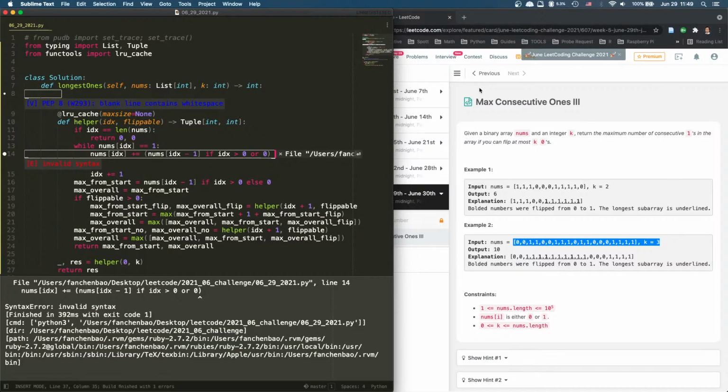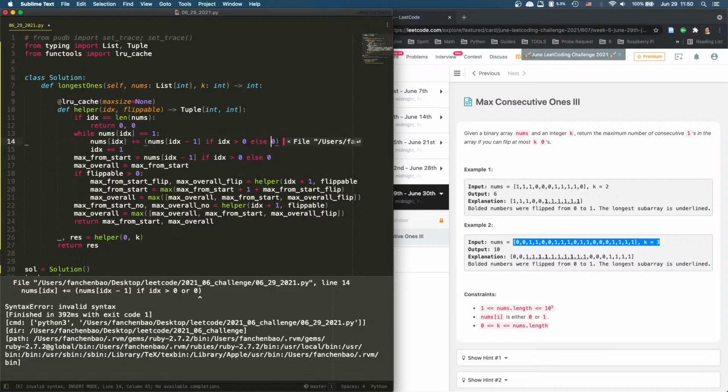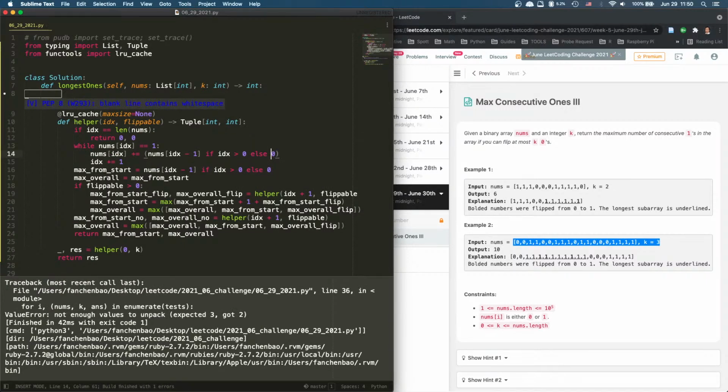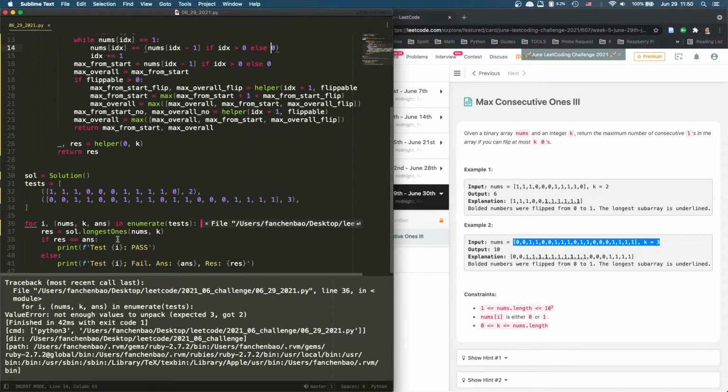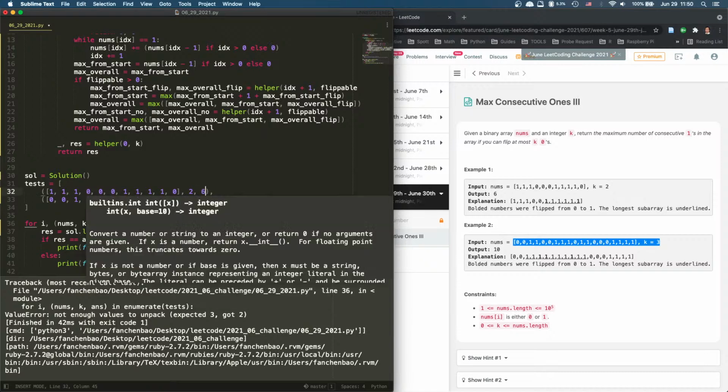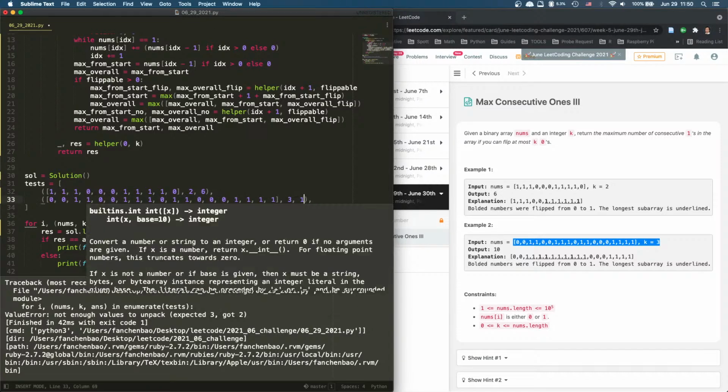Syntax error. Oh, it's not. Oh, it's else. Not enough value to unpack. Oh, I forgot to put the answer in. 6. This is 10.